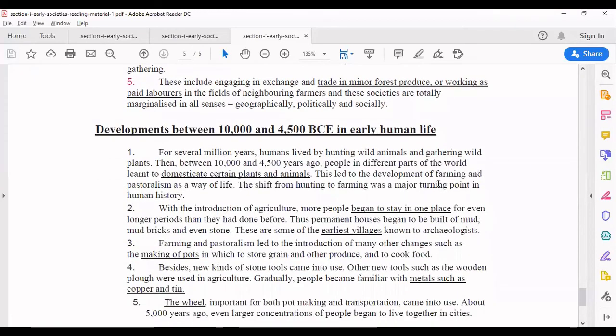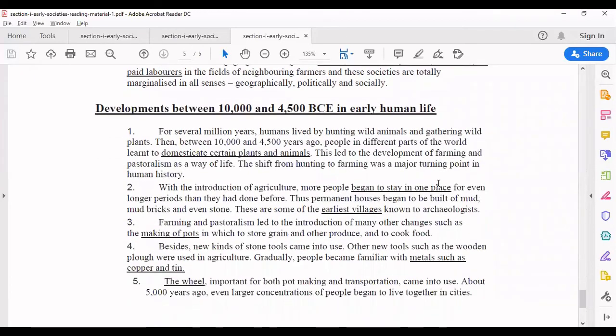Then we saw the development between 10,000 and 4,500 BCE. For several years, humans lived by hunting wild animals and gathering wild plants, but somewhere between 10,000 and 4,500 years ago, people learned how to domesticate certain plants and animals.